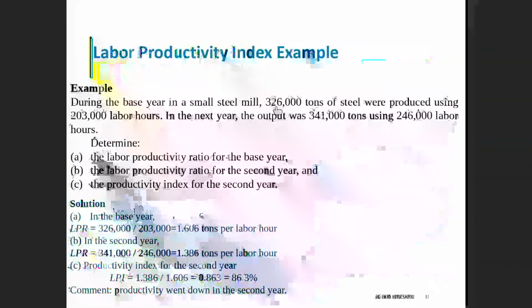Okay. البرودكشن كان 326,000 طن للحديد أو الستيل. وكم ساعة عمل كان عندنا؟ 203,000 labor hours. You ask yourself, is this a ratio? No. This is a production quantity and number of hours for that production.